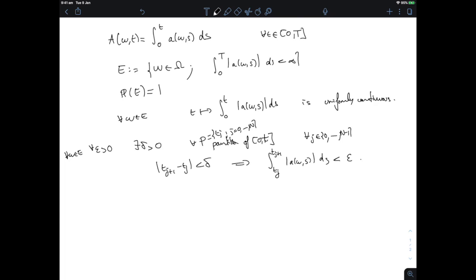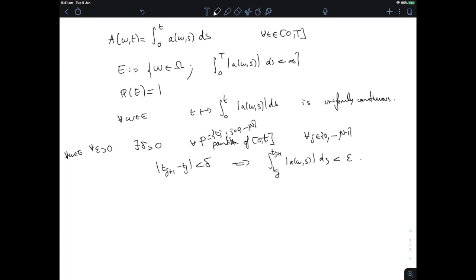This is because of the uniform continuity of that map. So if you have your partition such that the mesh size is smaller than delta, then this will always happen.